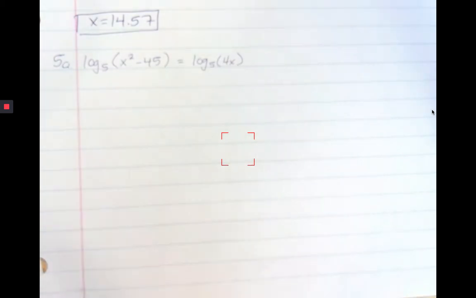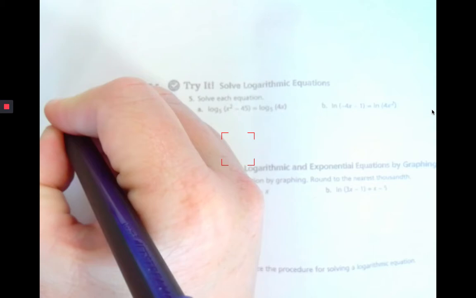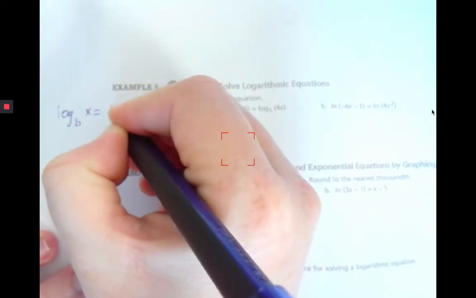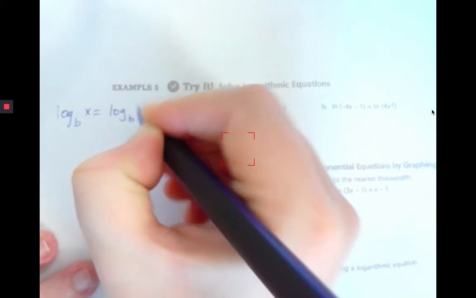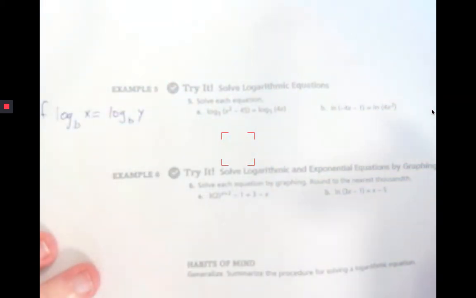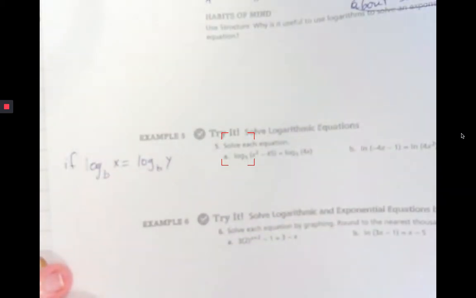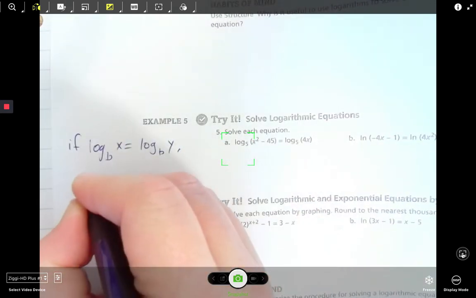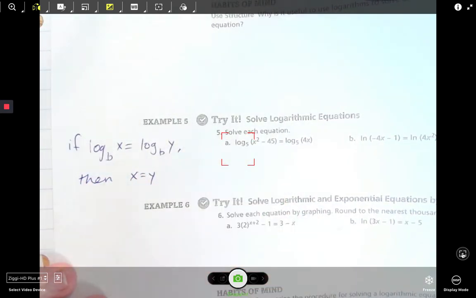And we may or may not have discussed this in this class, I can't remember. I don't think we did. So if you want to write it out to the side: if log base b of x is equal to log base b of y, then x equals y.